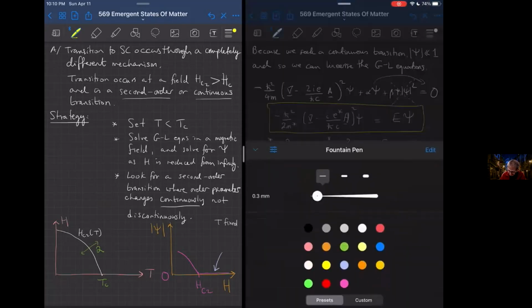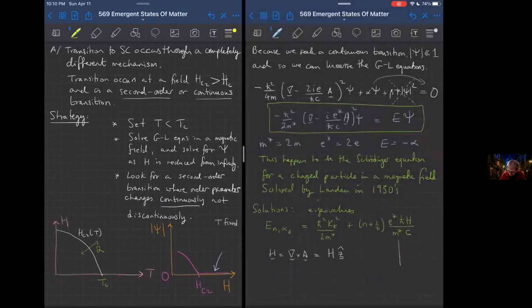So we have a system of coordinates like so, and these are just the energy eigenvalues, and they're plane waves in the z direction, and they are cyclotron orbits in the xy plane, and so that's why you have a kind of harmonic oscillator type of formula in the xy plane for the energy, and then it's just a free particle translational motion in the z direction.